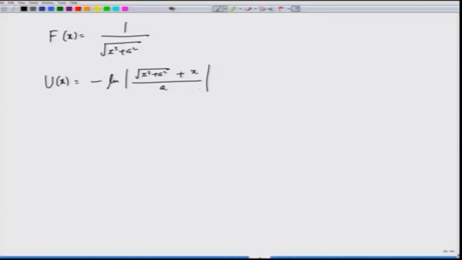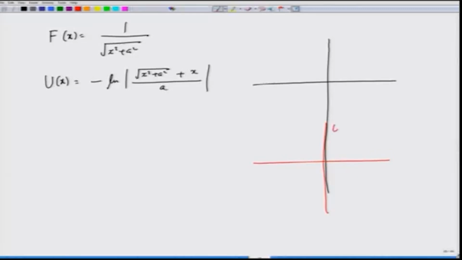So, let us plot this. Here is the axis. I will plot force with black and potential with red. So, this is the potential ux 0 here and the force is 0 here. This is x, this is x.